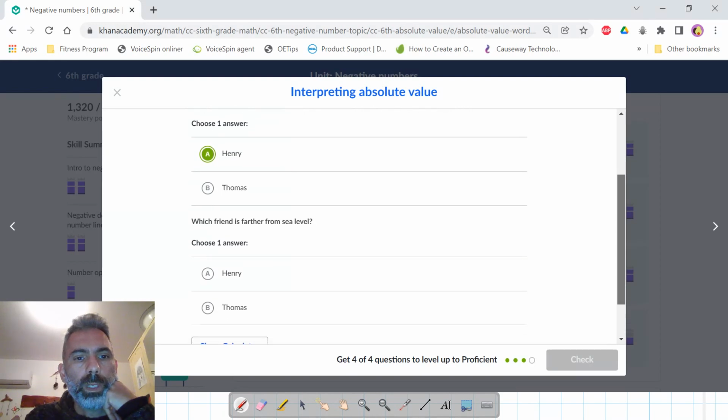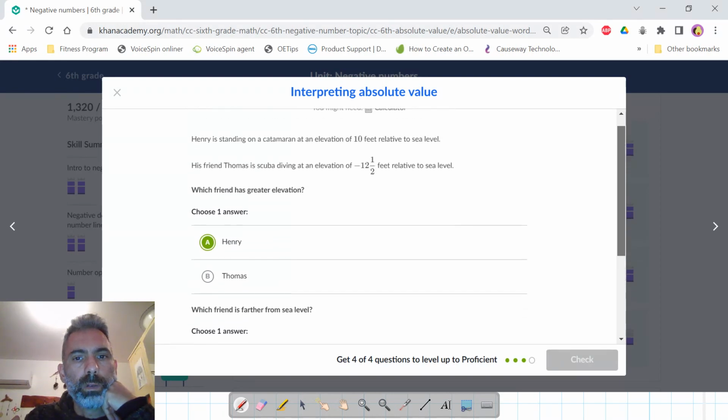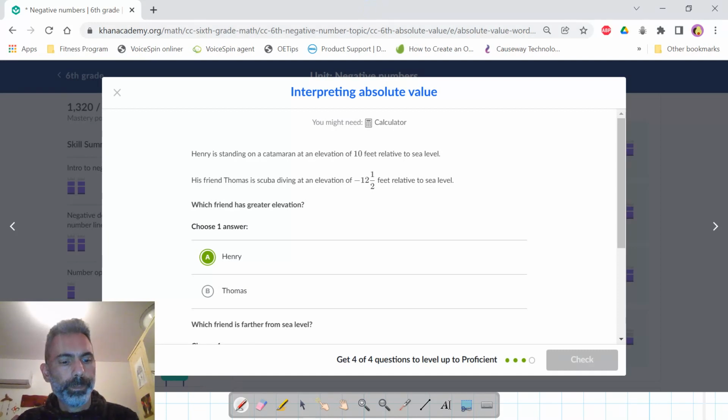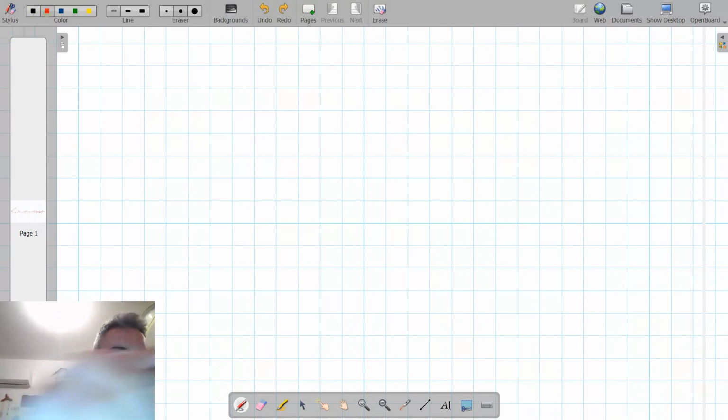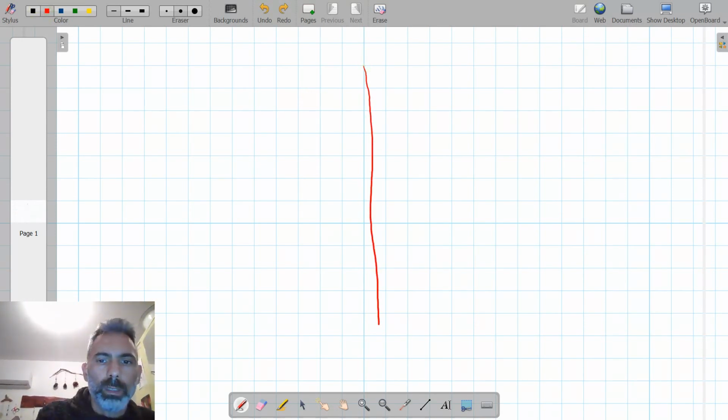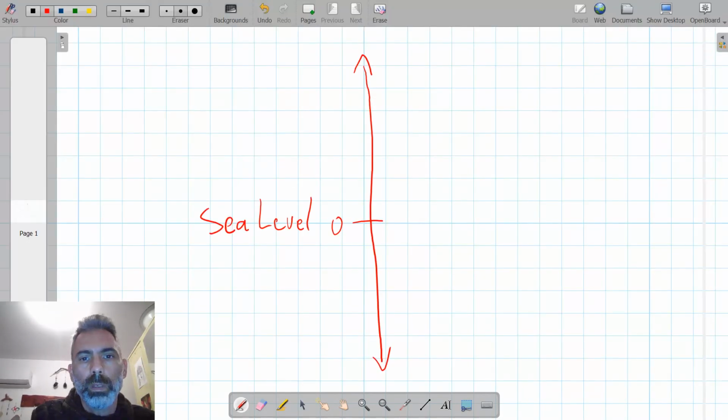Which friend is farther from sea level? Okay, so if we draw a vertical, let's draw it in red, vertical line. Let's put the 0 here, so this is sea level. So let's say each hash mark represents 2.